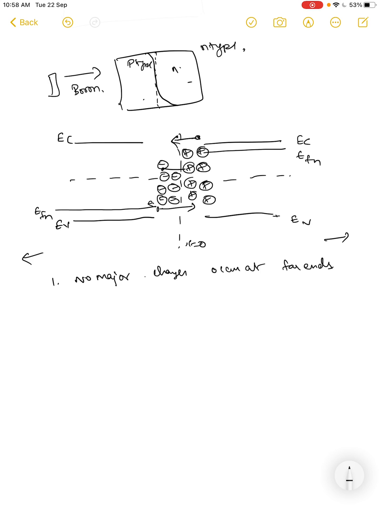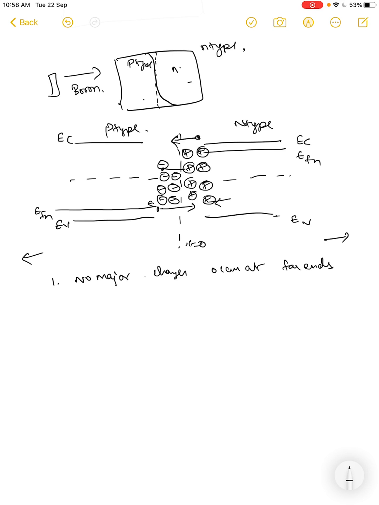But you can see that it will not happen continuously because a lot more charges are being formed here. These negative charges will repel the electrons which want to come from the bulk of the n-type material, right? This is the n-type and this is the p-type, right?